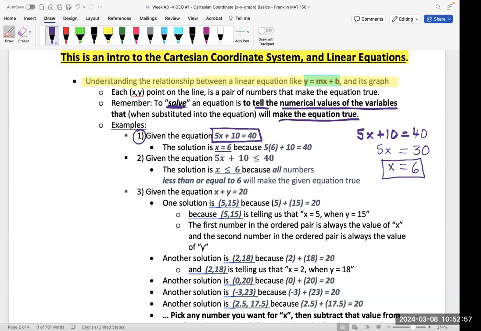All three of these equations are telling the exact same story. The reason we rewrite it to be x equals 6 is because that's a very obvious, easy equation to understand.